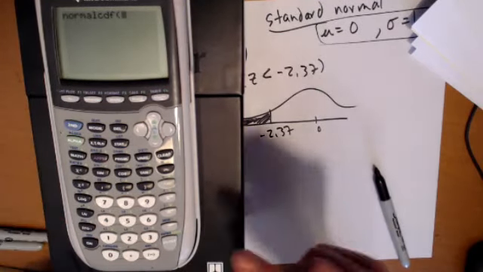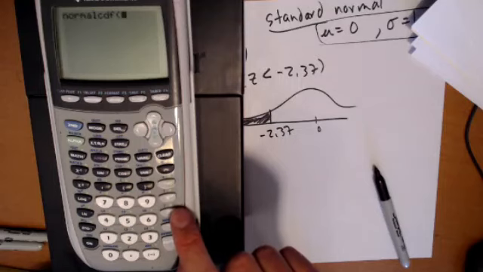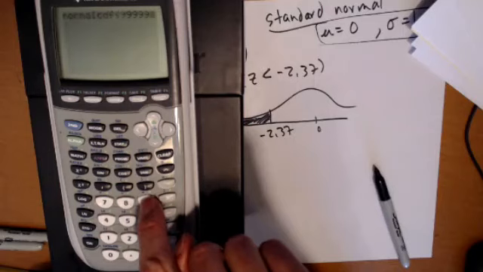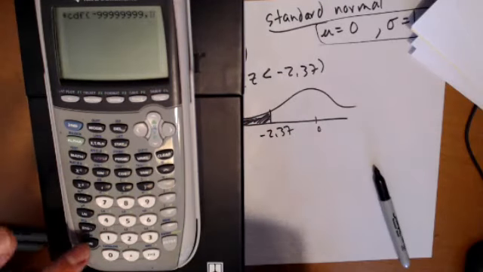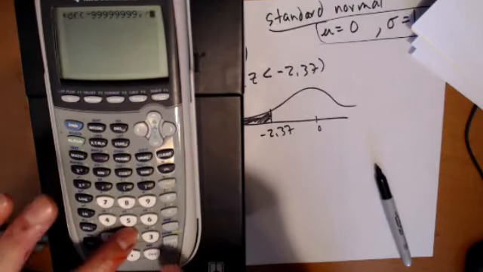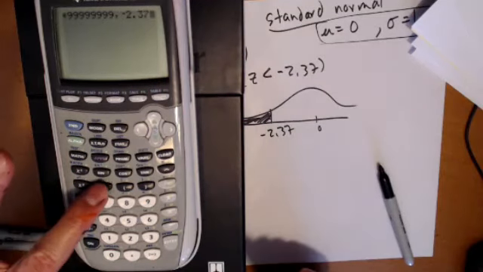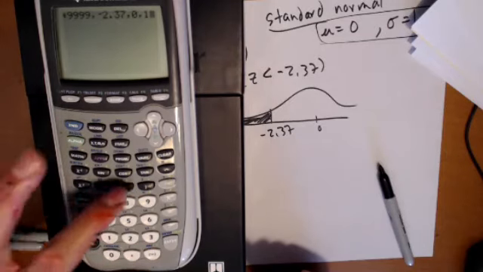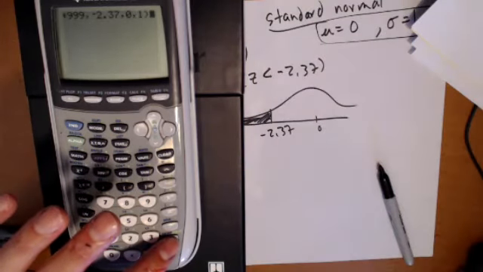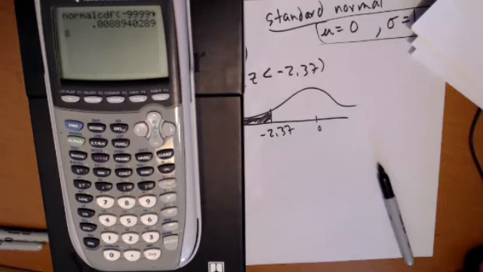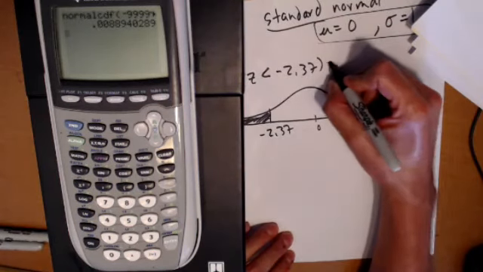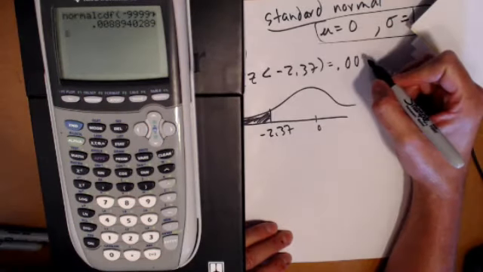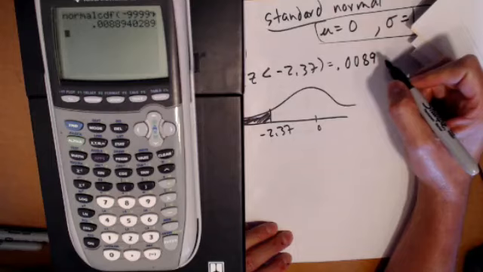So I'm going to give it, careful, there's a subtract button and then there's a negative button. -99999, comma, negative, not subtract, -2.37, comma, 0, comma, 1, end parenthesis, enter. Ta-da! So that's going to equal 0.0089. Rounded to the 4th place for no particular reason.